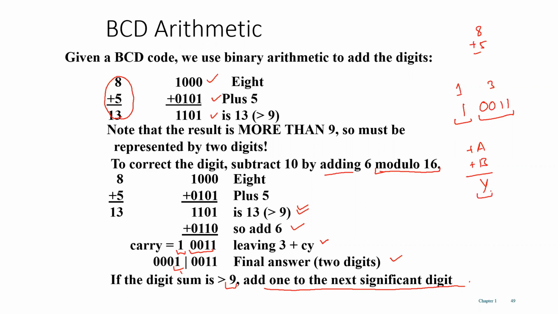If your answer is greater than 9, then add 6, and 1 needs to be carried. So this is your complete algorithm: add A and B, if the answer is greater than 9, add 6, then that will be your answer and 1 will be carried. Okay.